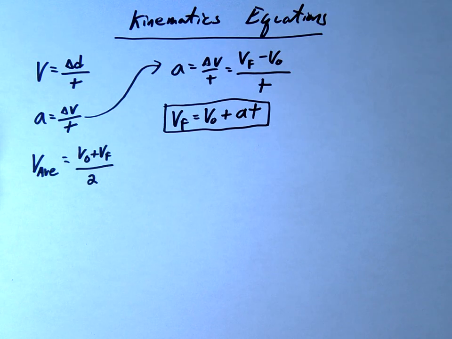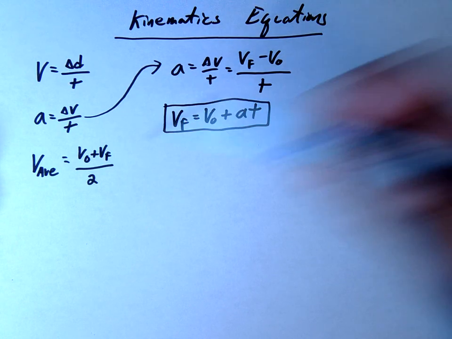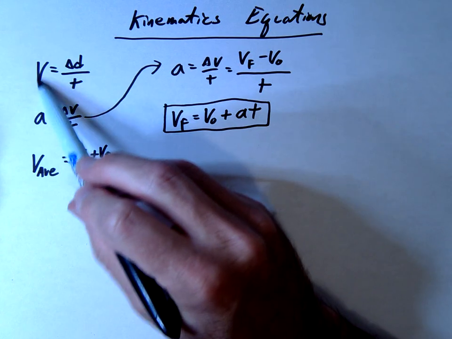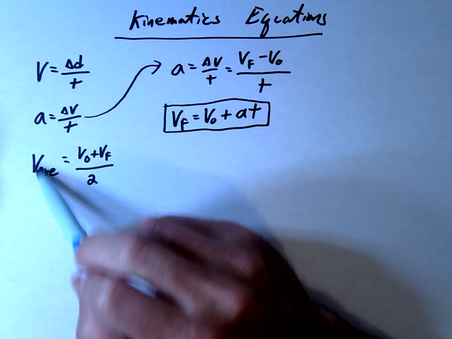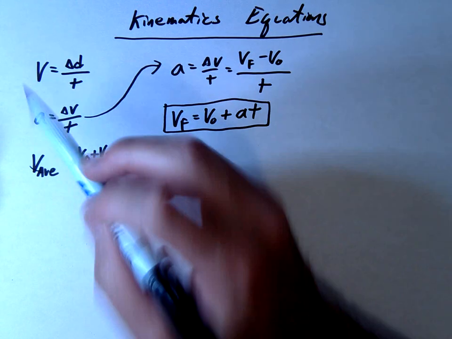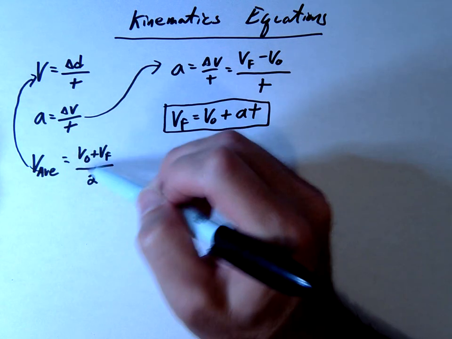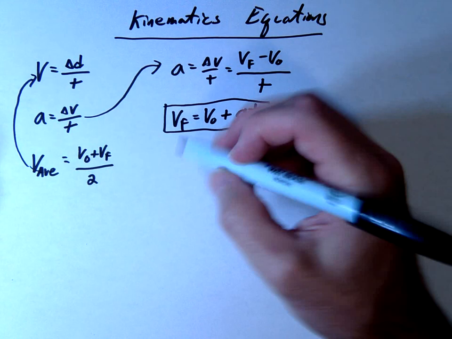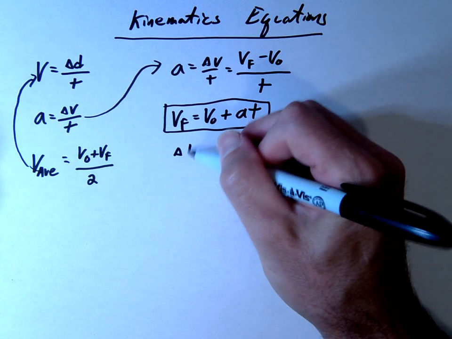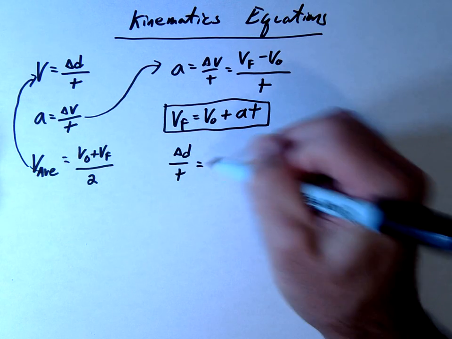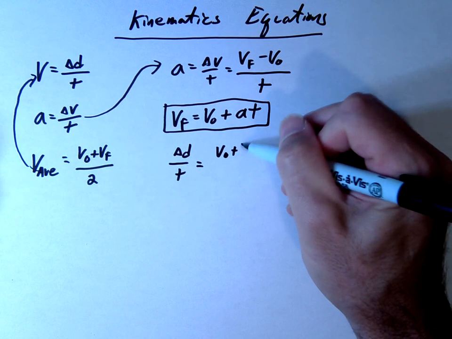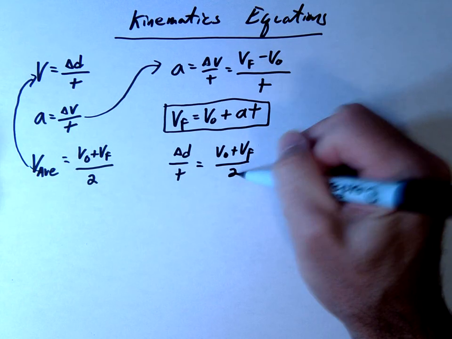Okay, the next thing we're going to do is substitute. Remember, this v is v for both instantaneous or average. So if I take this equation and simply substitute this into here for v, what you get is delta d over t equals v initial plus v final over 2.